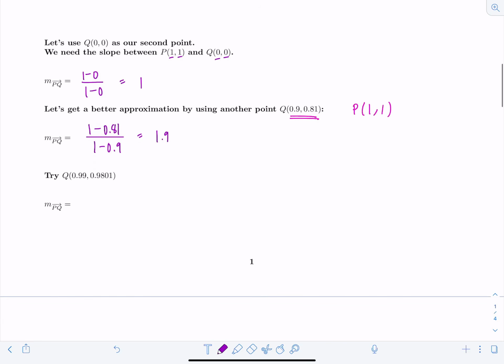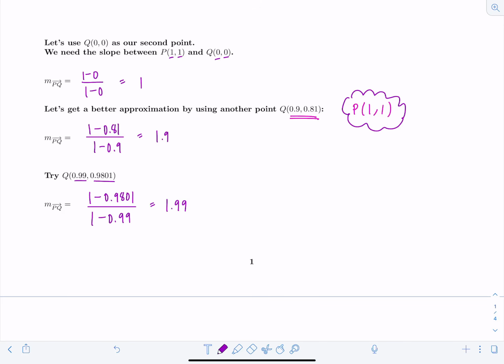Remember, point P is at (1, 1), so get super duper close. Q is going to be 0.99, and it's on the parabola y equals x squared, so 0.99 squared is 0.9801. So the slope of PQ now is (1 minus 0.9801) divided by (1 minus 0.99), and that gives us 1.99.